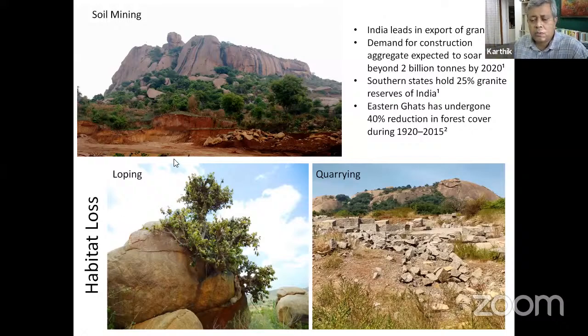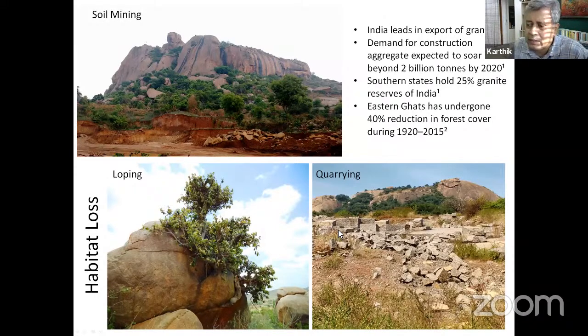So you also have intense lopping and grazing by goats in these areas. The shepherds graze their goats, and when they go, they can't climb up these trees. They go and cut the branches of these trees so that the leaves fall down and the goats can feed on them. So all these have negative impacts on the yellow-throated bulbul.